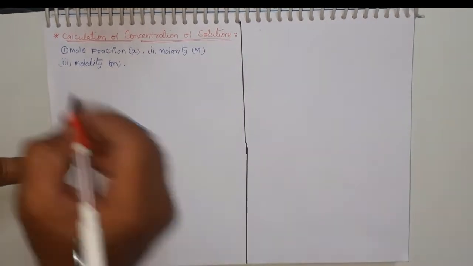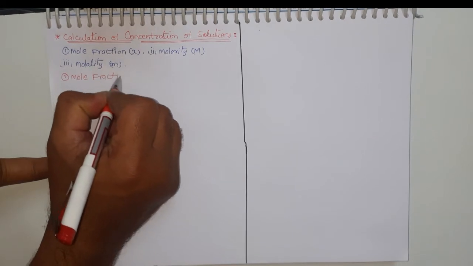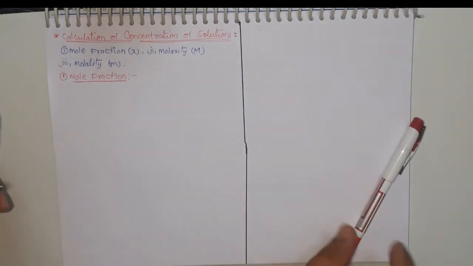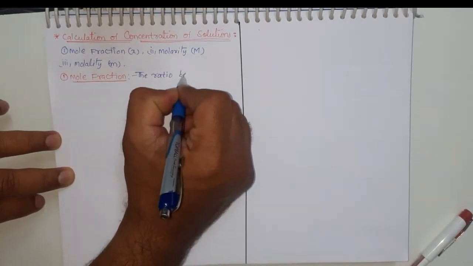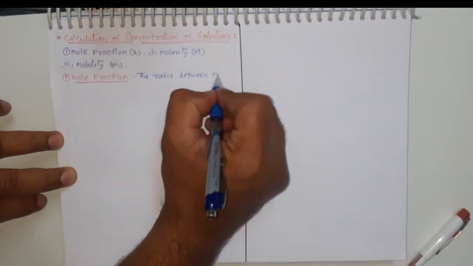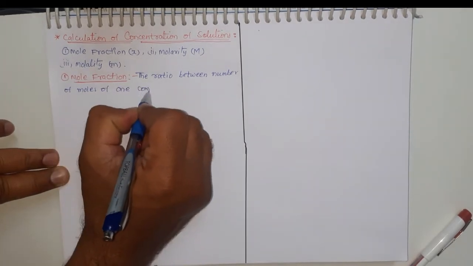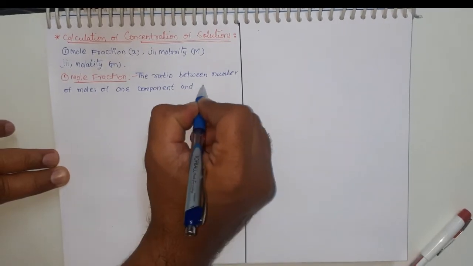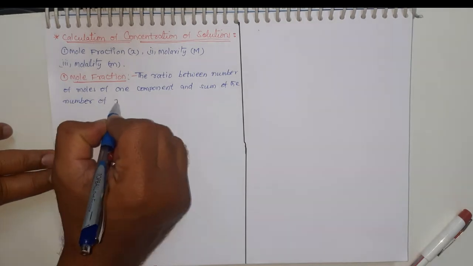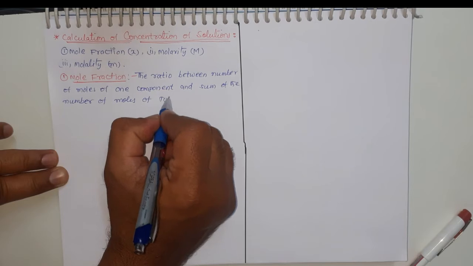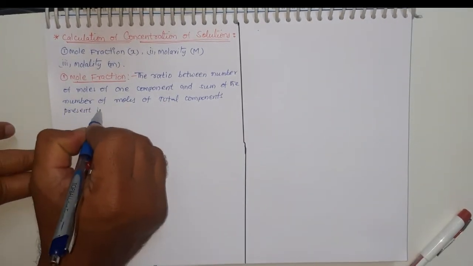Okay, mole fraction is shown as small x. The definition of mole fraction is the ratio between the number of moles of one component and the sum of the number of moles of total components present in solution.